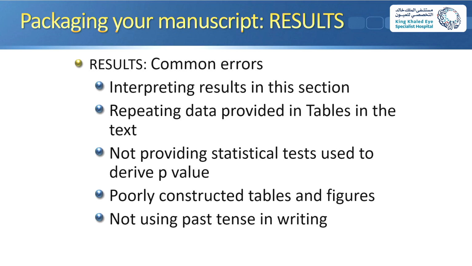Some of the common errors I've seen over time are interpreting the results in the results section, repeating the data provided in tables, and statistical results not being used to derive the right p-value. And most of the studies you're doing as a resident and fellow, and I think Dr. Ahmed Musa can reflect on that, are often not normalized.